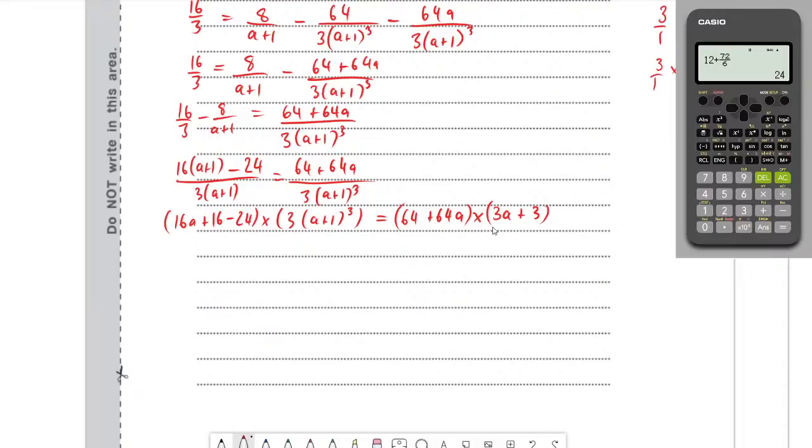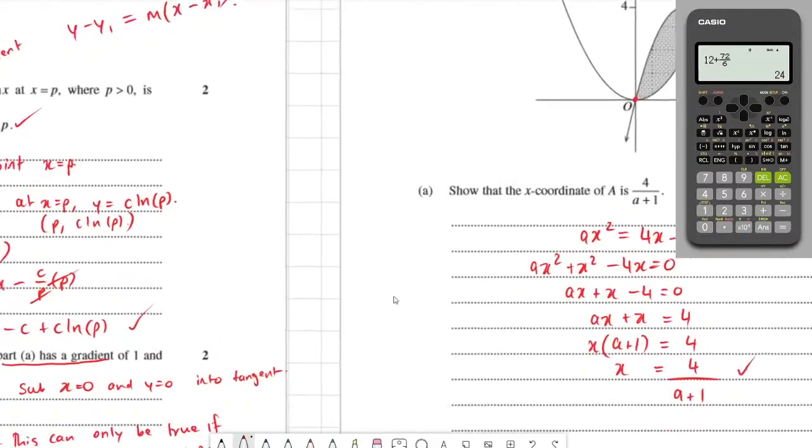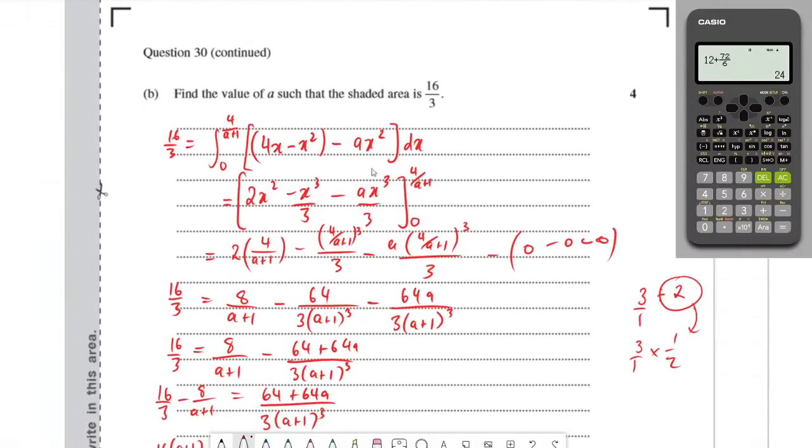This cannot be right. Am I missing something? So it's from 0 to 4 on a plus 1. Oh, I don't think I am. I think this is just really, really gross.